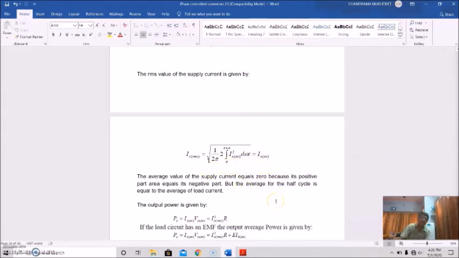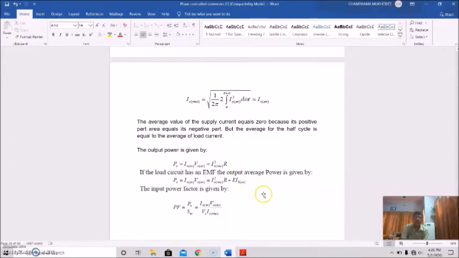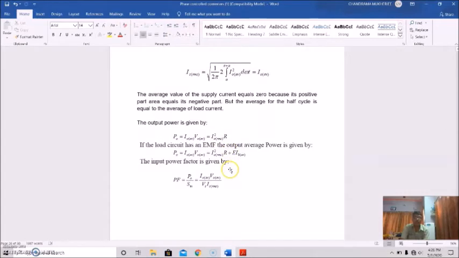The average value of the supply current equals 0 because its positive part area equals its negative part. But the average for the half cycle is equal to the average of the load current. The output power is given by the average output voltage into the average output current, so this will be I RMS square into R.